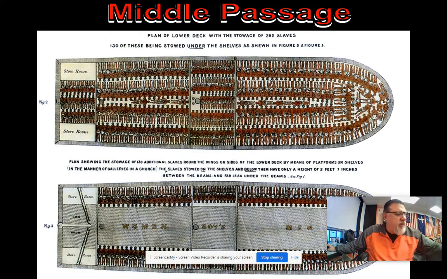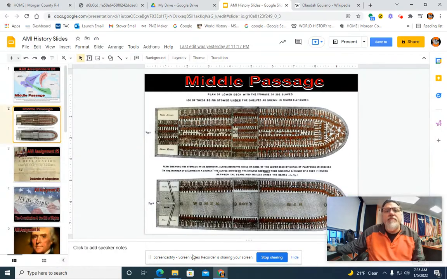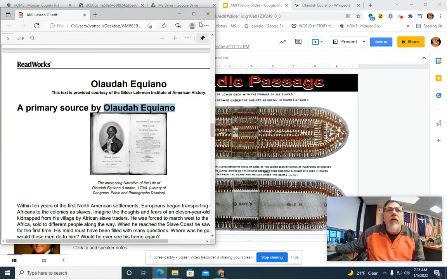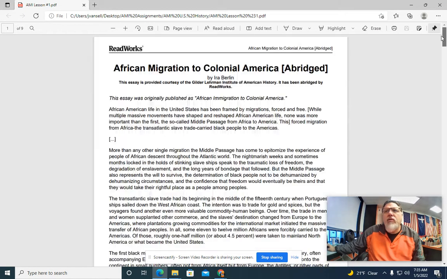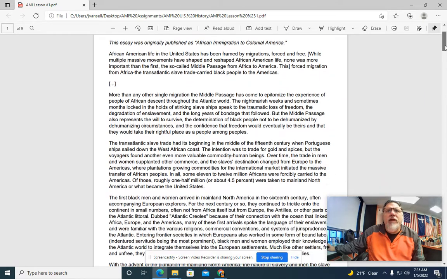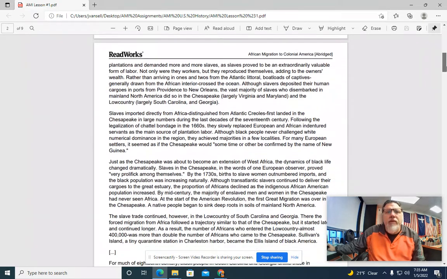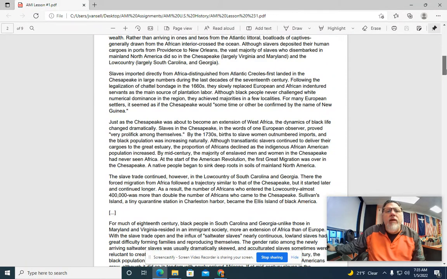Now, that being said, the assignment you have, let me pull it up, is a ReadWorks. And what you have to do is they have a couple different readings. This reading here kind of talks about, it's just an essay that talks about the African immigration to America, the Middle Passage, in other words. Read through it.